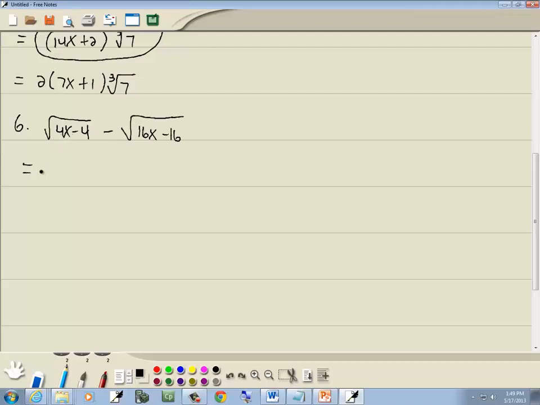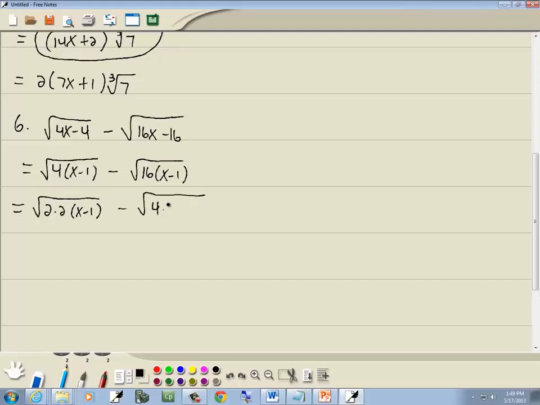In the first radical they have a 4 in common, so I can factor that out, and that leaves us x minus 1. In my second radical, they both have a 16, so I can factor that out, and that leaves us x minus 1. Well, it's starting to look similar. Now 4 is 2 times 2, and then x minus 1. And 16 is 4 times 4 times x minus 1.